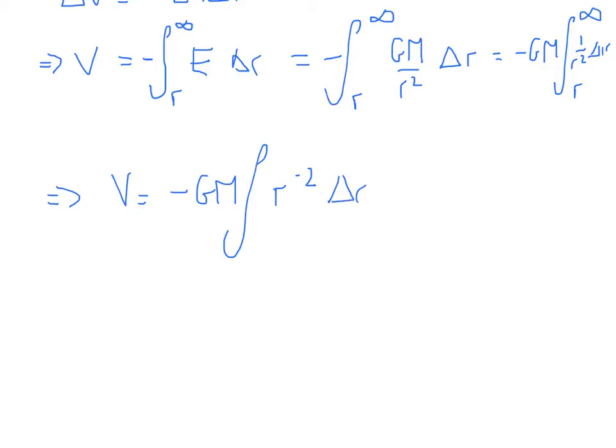So now we're in a position where we can actually do an integration, which equals minus Gm, or minus 2 is going to go up to minus 1 when you integrate, still between infinity and R, and we're going to divide by the new power, so divide by minus 1, so we can cancel those straight off the bat.